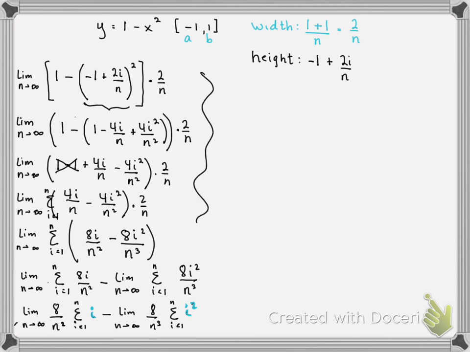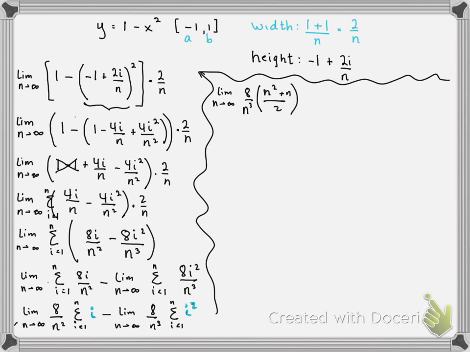All right, so we're going to be in the second column. Okay, so the limit as n approaches infinity of, dropping your summation symbol because we're replacing i with n squared plus n over 2, okay, minus, and we'll just take the limit of that whole thing, 8 over n cubed times the equivalent of i squared, 2n cubed plus 3n squared plus n all over 6.